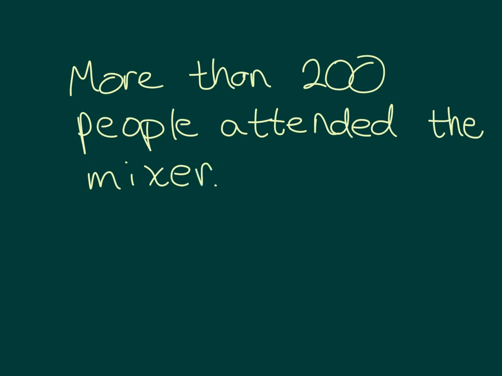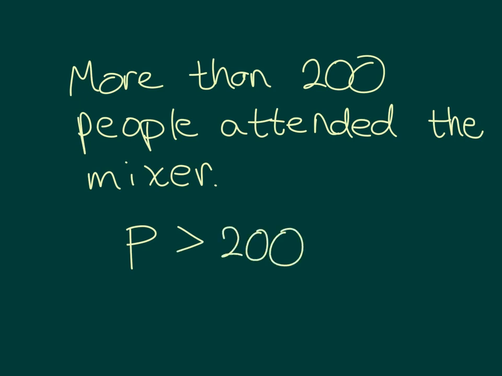Well, we just need to pick a variable. If we want to say P for people, we could do that. We could use x, or whatever variable we wanted, but P, the number of people that attended the mixer, is greater than 200.